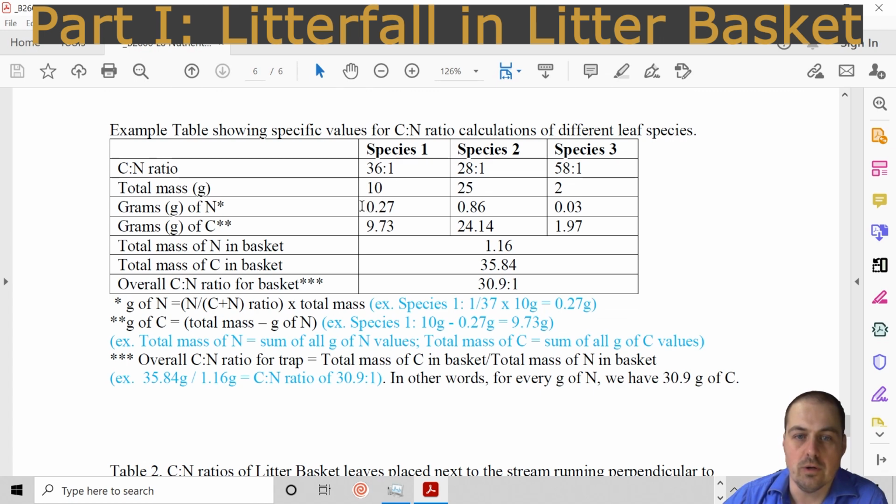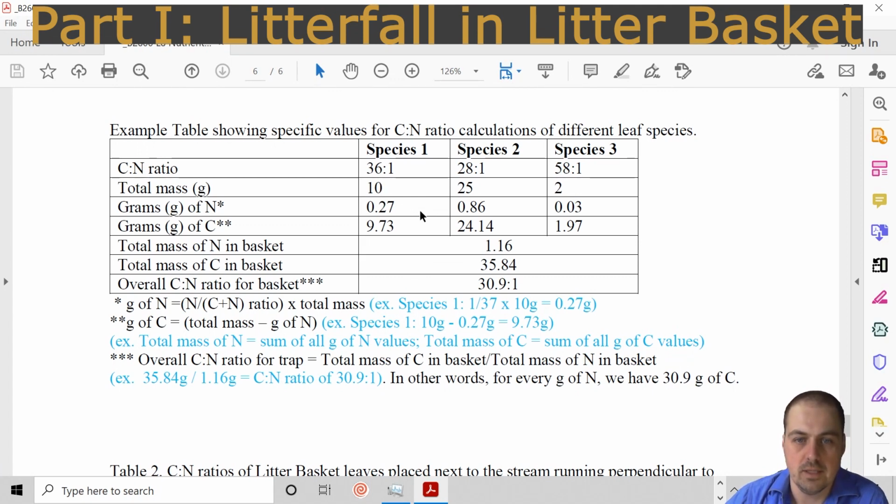So to get your grams of nitrogen, you go your nitrogen value, which is 1, divided by the carbon plus the nitrogen value, so 36 plus 1, which is 37. So 1 divided by 37, and then you multiply that by 10 because we have 10 grams, and that gives you 0.27 grams.